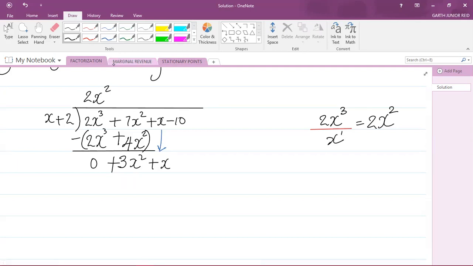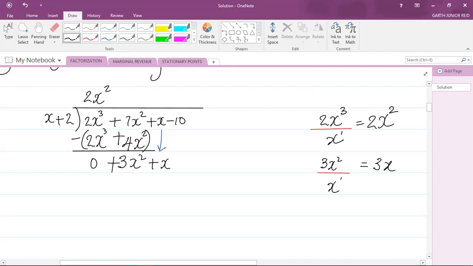I'm going to divide that 3x squared there by the first term in my divisor, which is x. By subtracting the powers again from our laws of indices, this is going to be 3x.